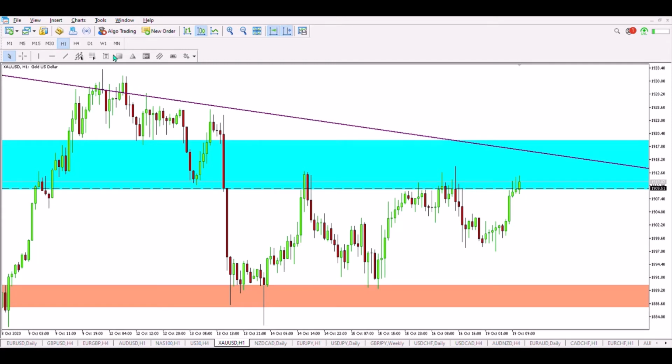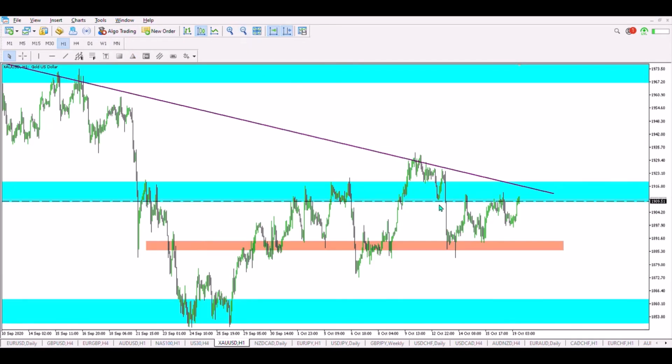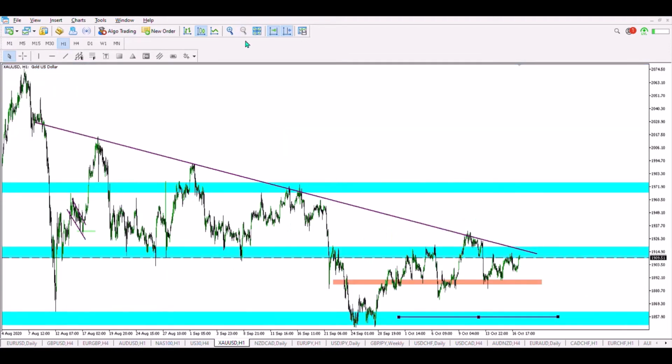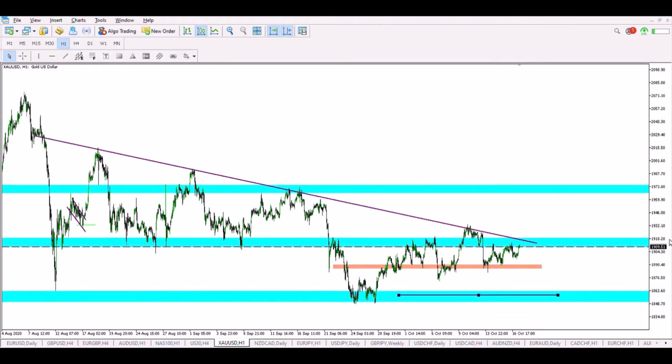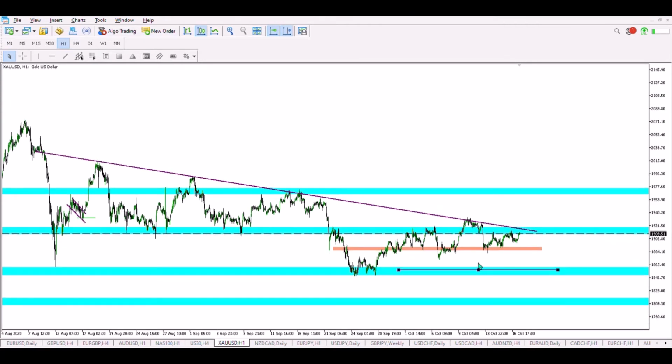So we can reject from this zone, which we have right here, and go bearish. So I have already taken a sell trade, and my first target will be this zone over here. And if we break it, we can even go lower to the 1818 zone area.